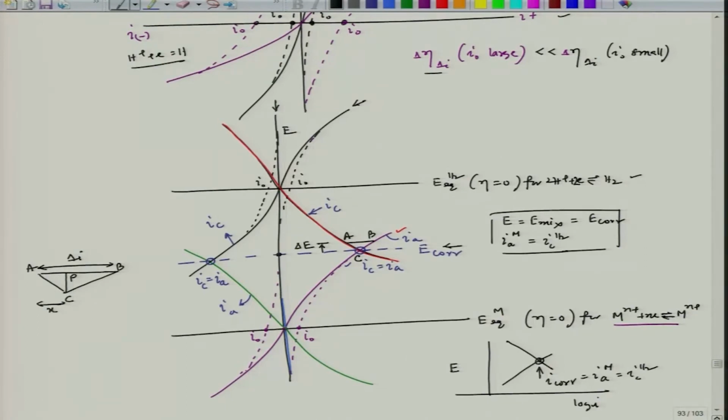So, AP is equal to x, AB is equal to del I, PC equal to del E.